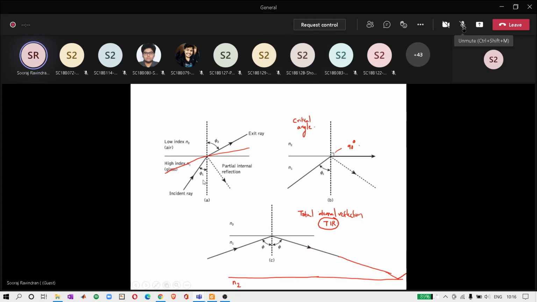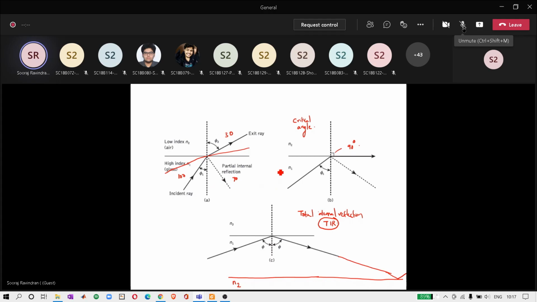If you talk in terms of number of photons, let's say that you have 100 photons coming. The number of photons that can escape depends on the refractive index difference between N1 and N2. Let's say that 30 photons escape and probably 70 come in.